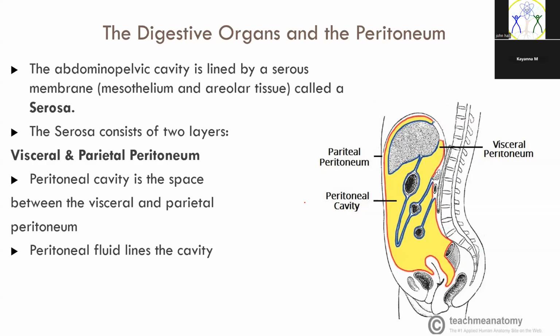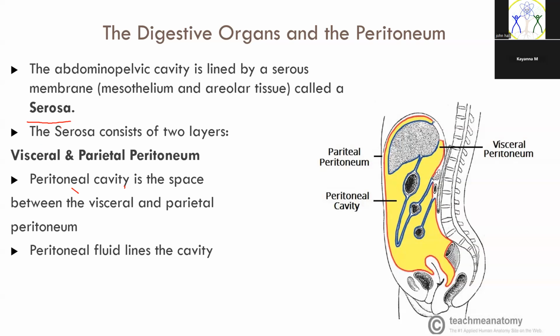So you already know from ANP1 that the abdominal pelvic cavity is lined with a serosa, because pretty much all the cavities are lined with serosa.